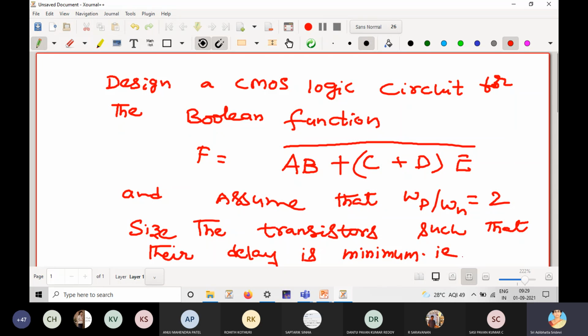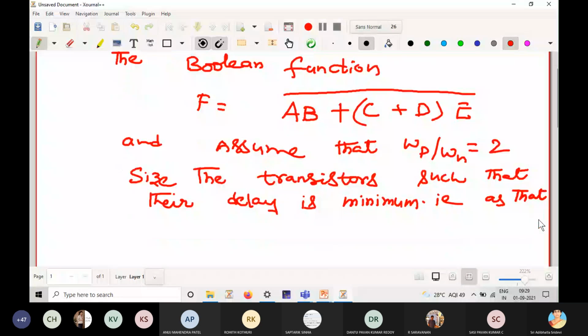That is, the same as that of a CMOS inverter. So first of all, draw the circuit. I think everybody can draw it, I hope. Draw it and post it. Then size it.